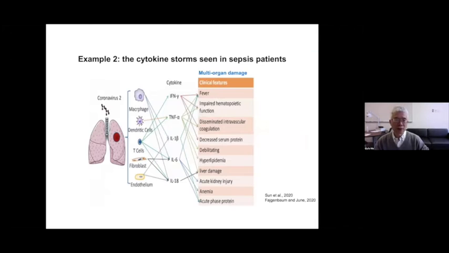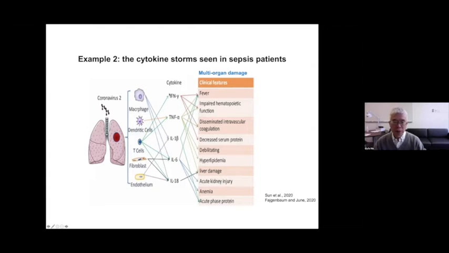The second example, which many will talk about today, is the cytokine storm associated with COVID-19 patients during this pandemic. In response to viral or bacterial infection, sometimes the response of our immune system is too strong and produces too many pro-inflammatory cytokines that can cause collateral damage.